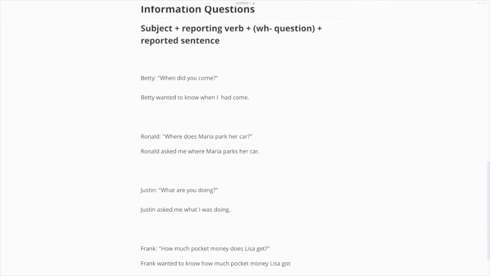And that's going to be it. So just to review, Frank asked, how much pocket money does Lisa get? And we're going to report it as Frank wanted to know how much pocket money, that is a double H question, and then Lisa got. Affirmative word order in the simple past because he was asking in the simple present.